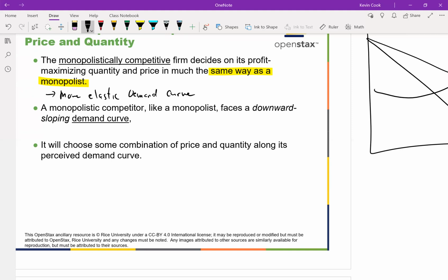I have to have clothes, but I don't necessarily have to go out and buy jeans, right? If jeans are too expensive, I can get khakis, I can get shorts, I can get whatever I want. Same thing here when we think about this monopolistic competitive market.